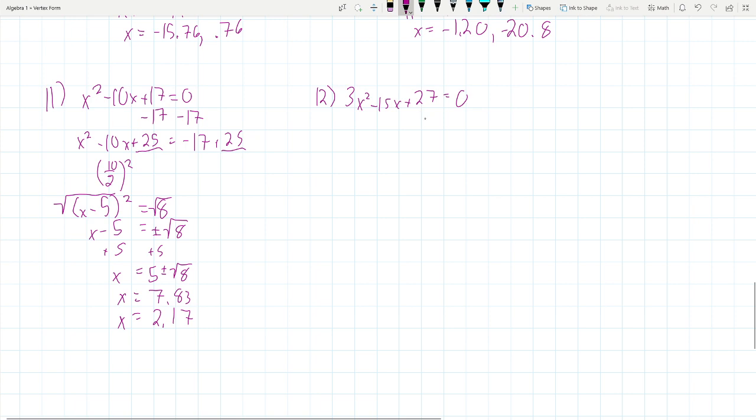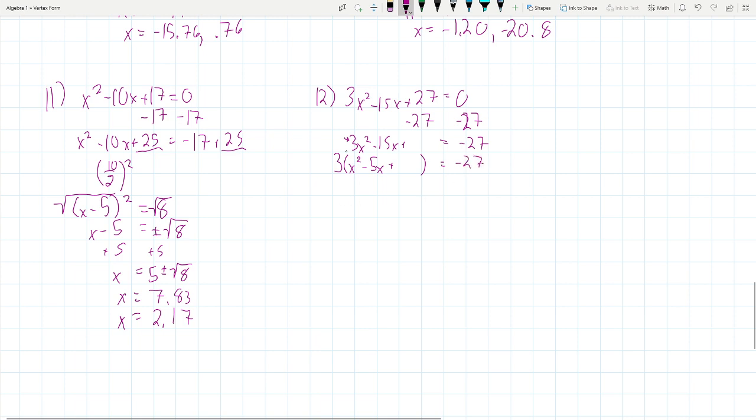And so what we can do is start to manipulate it right off the bat, where I subtract 27 from both sides. And I get 3x squared minus 15x equals negative 27. I'm not going to add something in here yet. But what's a little different is that we have this 3 here, and so I'm going to factor out that 3. And so I get x squared minus 5x plus some number is going to equal negative 27.